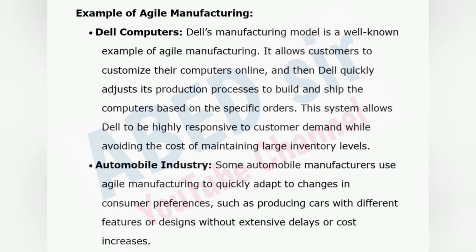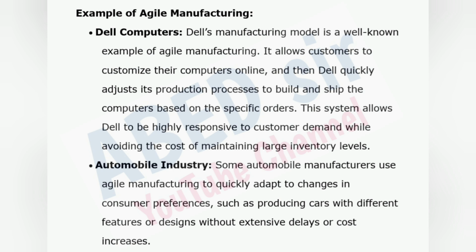Example of Agile manufacturing. Dell Computers. Dell's manufacturing model is a well-known example of Agile manufacturing. It allows customers to customize their computers online and then Dell quickly adjusts its production processes to build and ship the computers based on the specific orders.